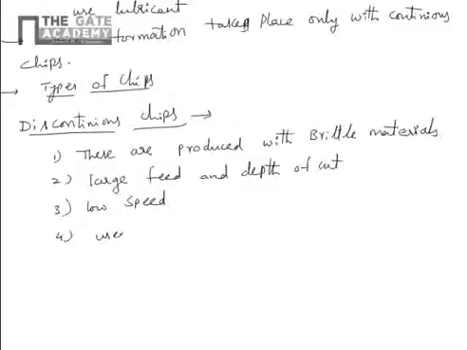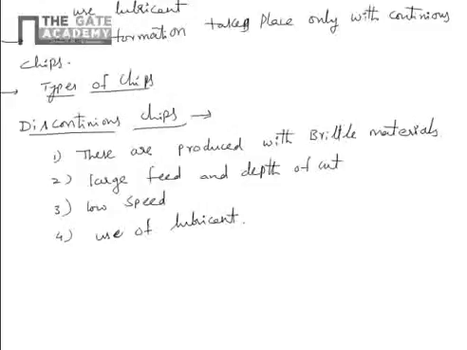Use of lubricant. If you use lubricant, during machining large heat is generated. The temperature of the chip is high, it is expanding. When the cutting fluid is poured on the chip, immediately the fluid absorbs heat away, bringing it to room temperature.